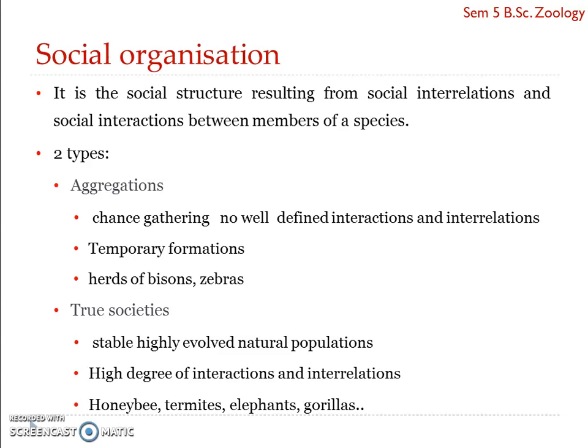Now, social interaction is the reaction of animals in response to stimuli from other members of the same species. Social organization varies considerably from one species to another. It ranges from simple short-term interaction between male and female to complex, stable societies of monkeys and apes, for example.